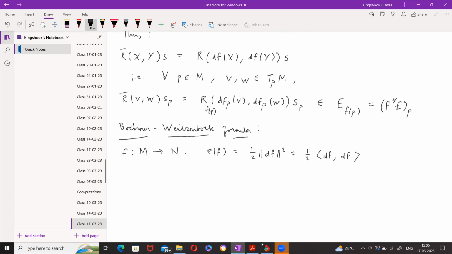Now to do the calculation, we fix a point p in M.